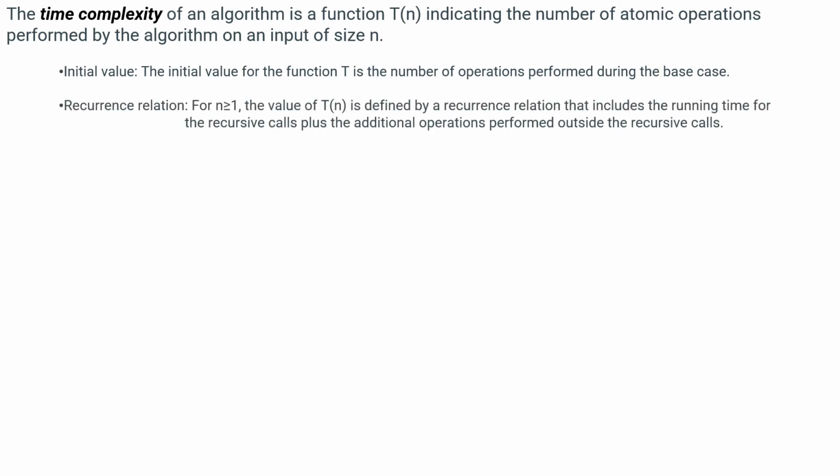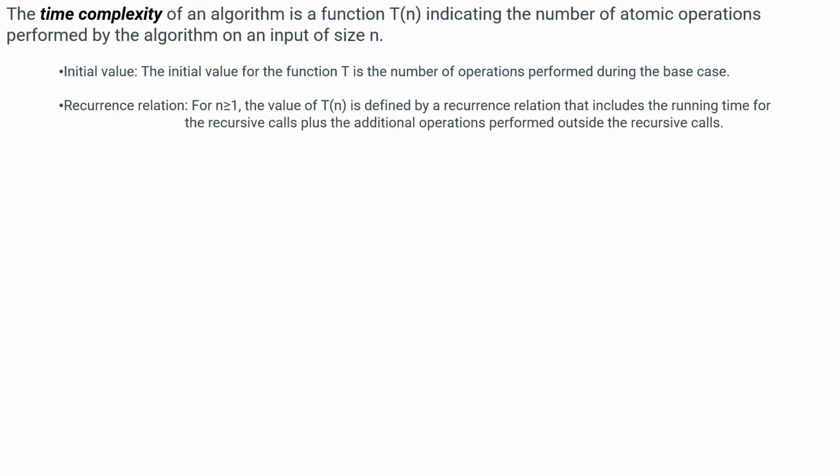But then we would need to count how many operations are done for the situation where it's not the base case, when the algorithm is going to call itself. So for n greater than or equal to 1, assuming that the base case was for n equals 0, the value of T of n is going to be defined by a recursive relation.